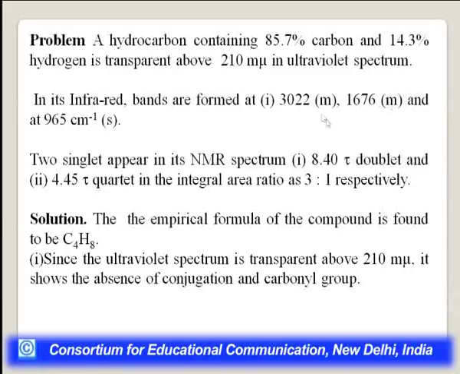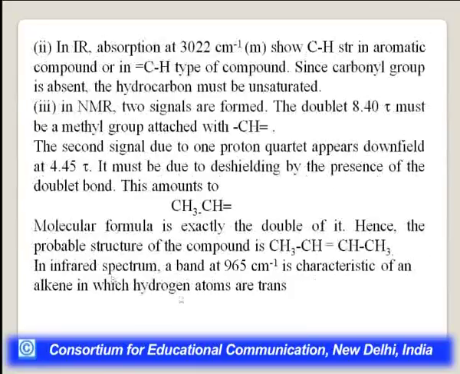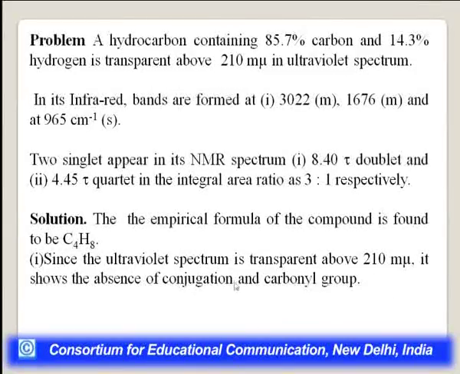This M shows that it is a medium peak, not a very strong peak. Another peak is there at 965 centimeter inverse. As far as the NMR spectrum is concerned, here you can see 2 signals: at a value of 8.40 a doublet, and at 4.45 a quartet, in the integral ratio 3:1.